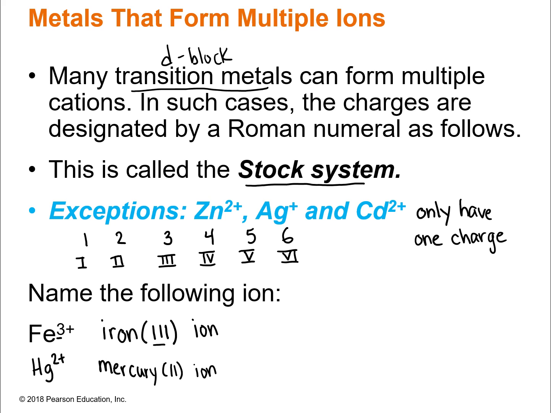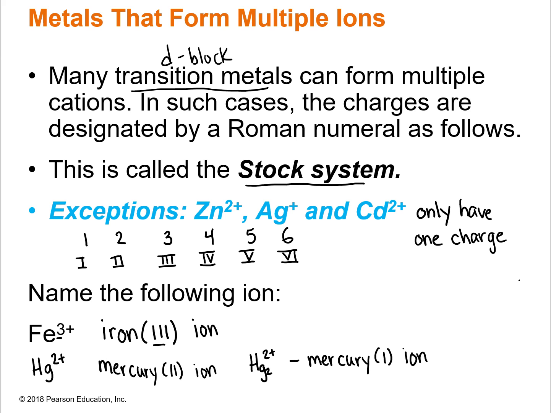So this is the mercury 2 ion. Now there is a mercury 1, and I want to show you what that looks like because it looks a little funky. It's Hg2 with the 2+. That's mercury 1. So you may want to jot that down.